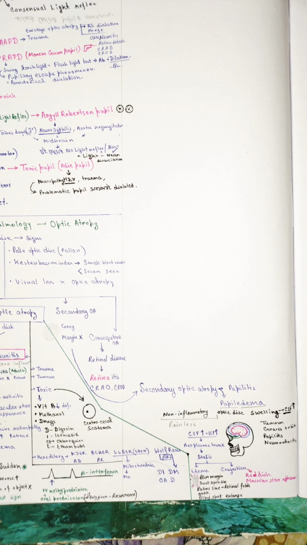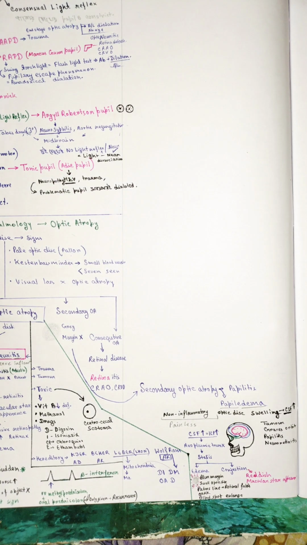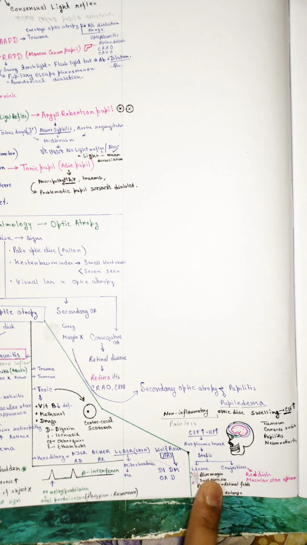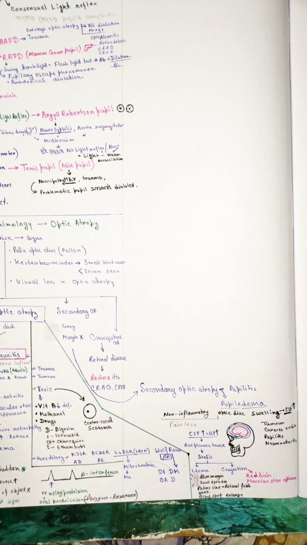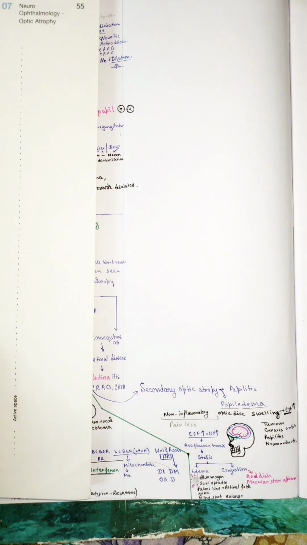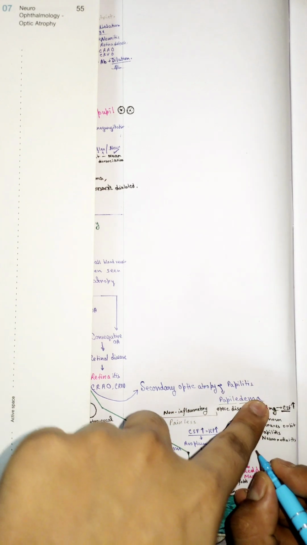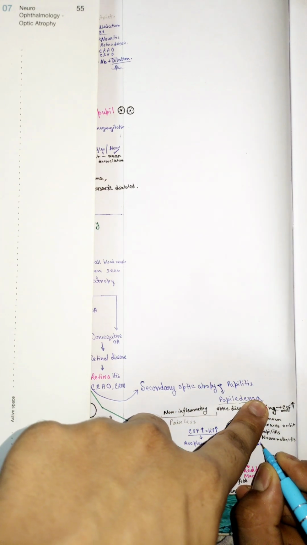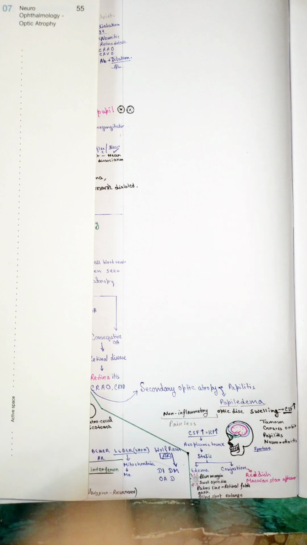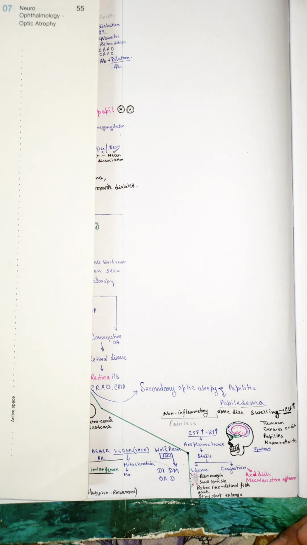So this is the secondary optic atrophy, that is papillary. It is the etiopathogenesis. Now comes the symptoms. Symptoms are very important. What will happen?